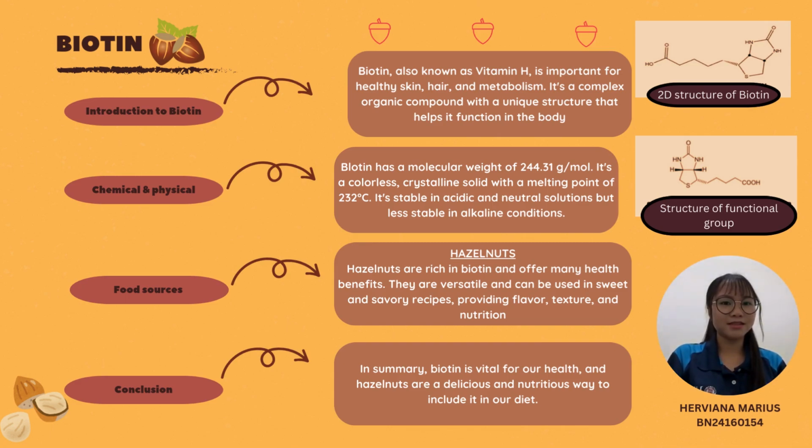Next are the chemical and physical properties of biotin. Biotin has a molecular weight of 244.31 g/mol and appears as a colorless crystalline solid. It has a high melting point of 232 degrees Celsius, making it very stable.